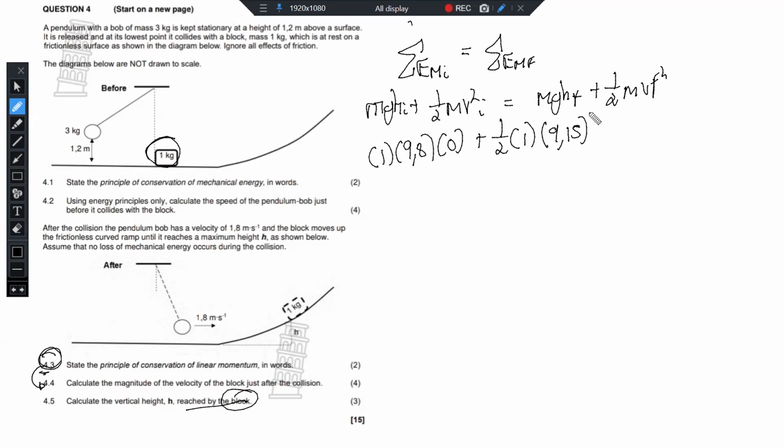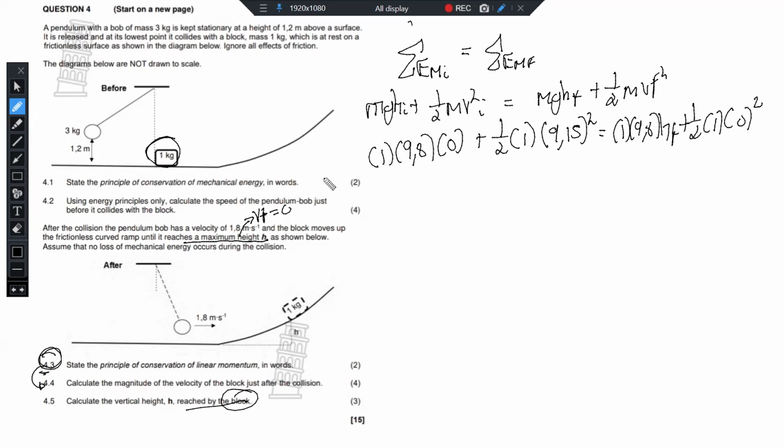So 9.15 squared. And then our mass is 1, g is 9.8, so we are trying to get the height finally. Then plus half 1. Final velocity, they're saying it reaches a maximum height. We've already spoken that maximum height means the velocity finally there will be 0. So this is 0 squared.